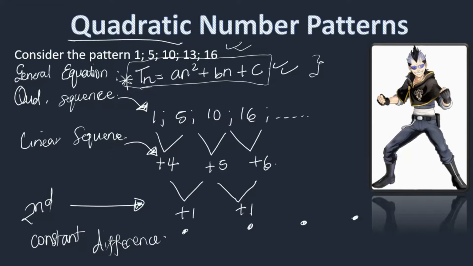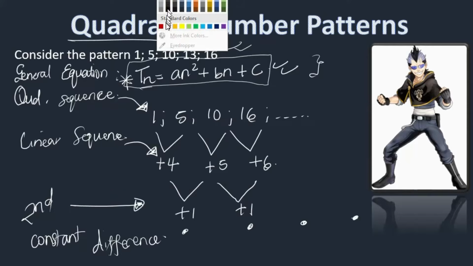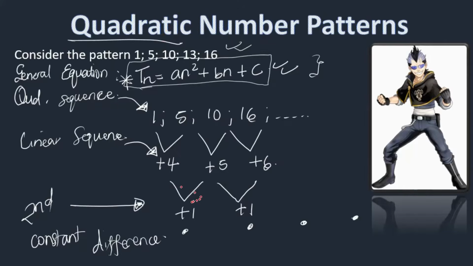The formula says, let me choose a pen here, a different color. For me to find my a value, I'm going to say 2a is equal to the first difference. For me to find my b value, I'm going to say 3a plus b is equal to the first value of the first difference, right?